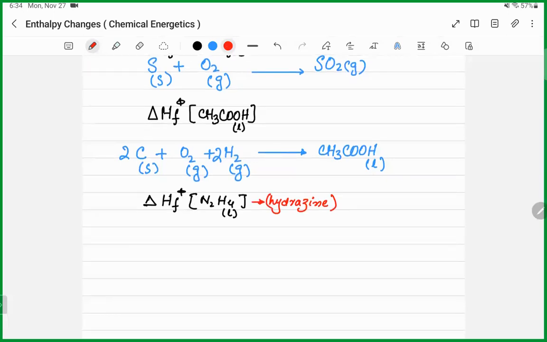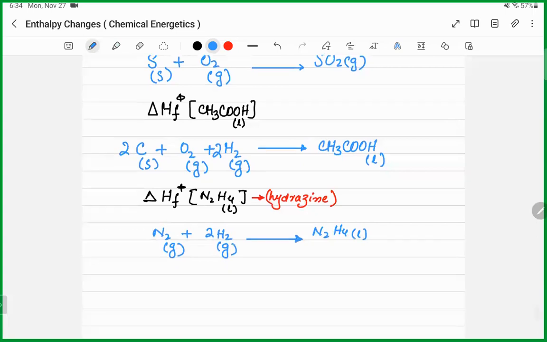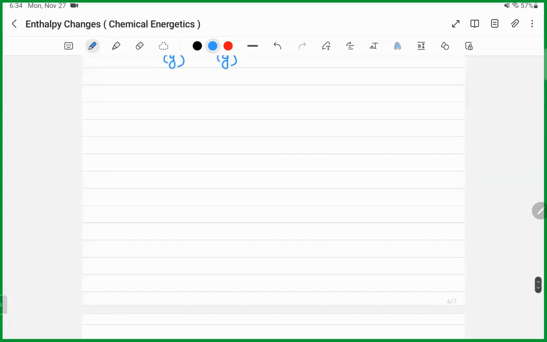Can you write down the equation for the formation of this one? N2 plus 2H2, and both are gases. ठीक है? So this is the equation for the formation of N2H4, which is hydrazine. सही है जी?